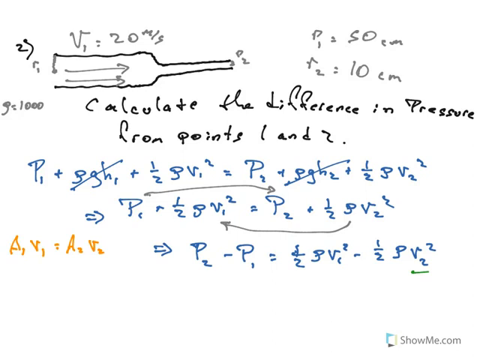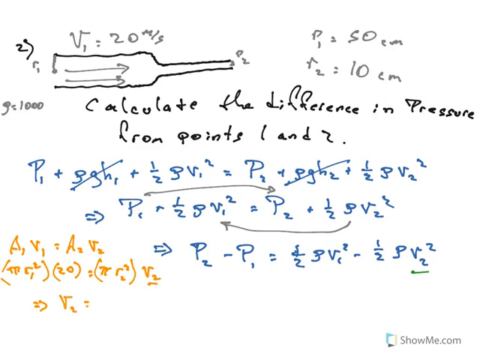All right, so for the left side, A, the cross-sectional area, is pi times R1 squared. That's A1, times V1, that's my 20, equals A2, that's pi times R2 squared, times V2. And so I want to solve this for V2.